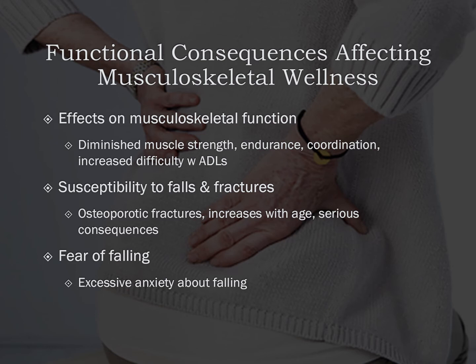Serious and long-term consequences of fractures include disability, pain, poor quality of life, and an increased morbidity and mortality. In fact, hip fractures are associated with a significant functional decline, permanent admission to long-term care facilities, and high mortality rates during that first year.